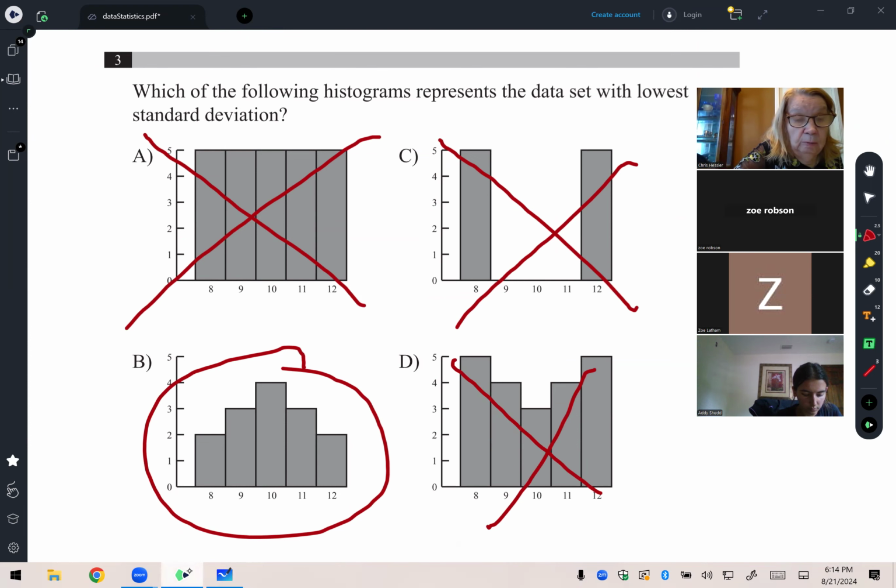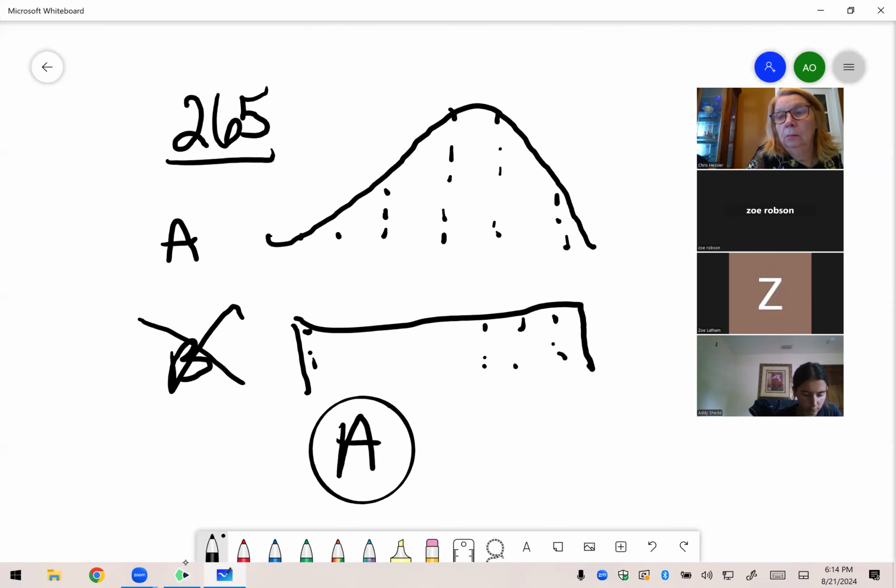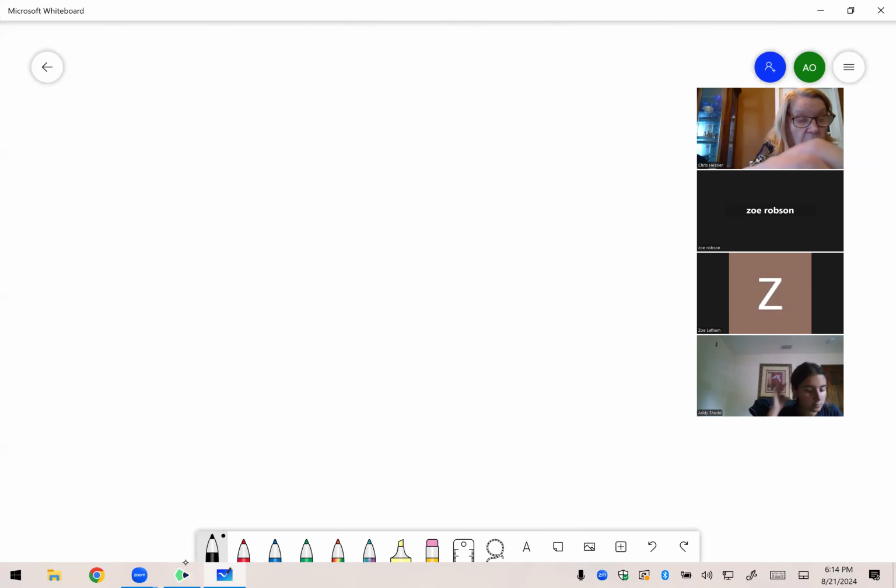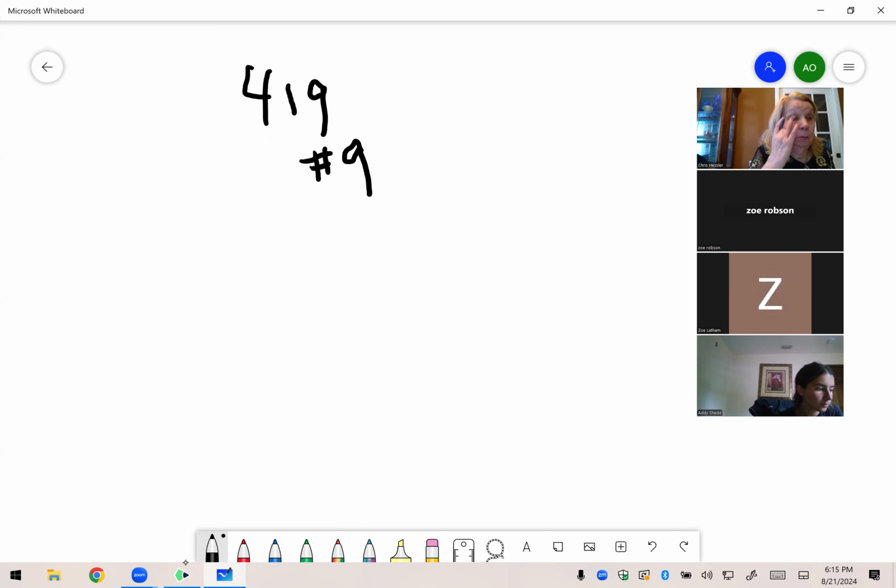First, we're going to go to 419, number 9. And this is just so when you see this problem, you know what to do. 419, number 9. Okay. So we look at the dot plots for glue sticks.